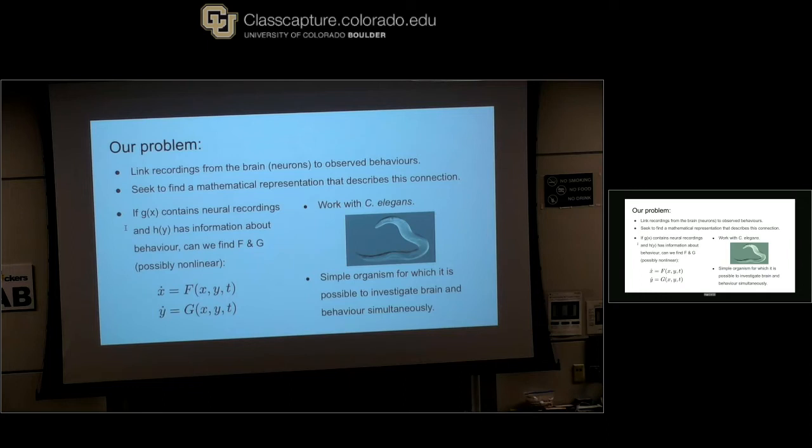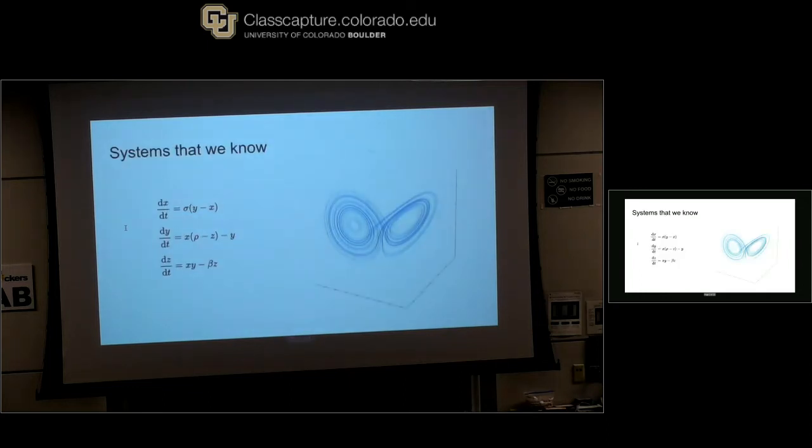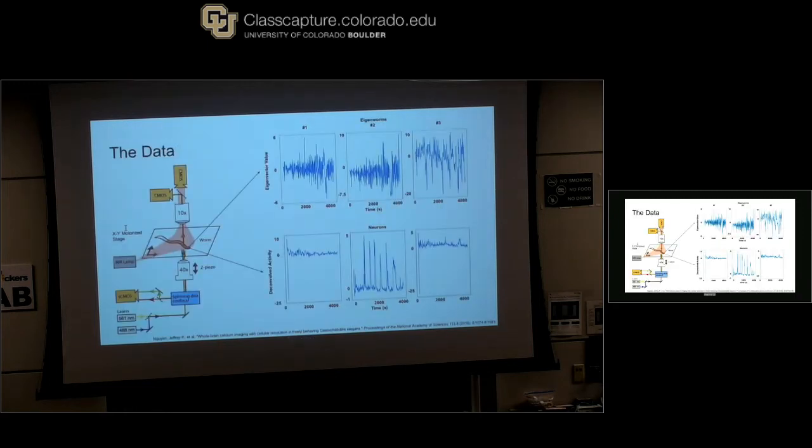Okay, so before we started looking at the data that we have, we wanted to start with a system that we knew, to check to see if our methods were working. So we started with the Lorenz system. It's a system that we all know how the dynamics work, given different parameter values. And then we moved on to data from, I believe, the Leifer lab at Princeton, where one of the C. elegans worms is crawling around on a dish.